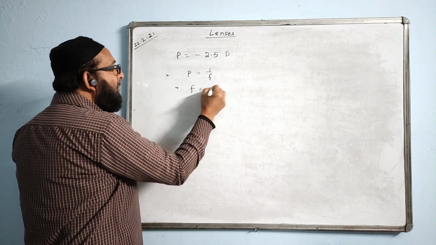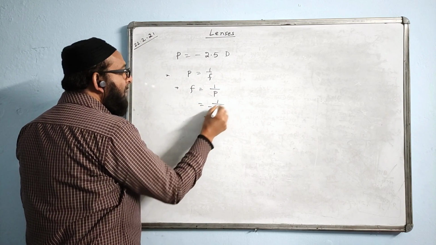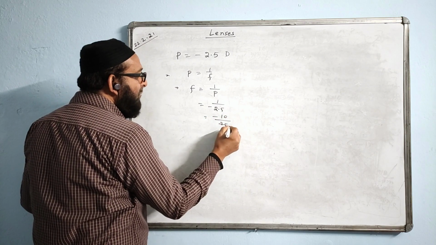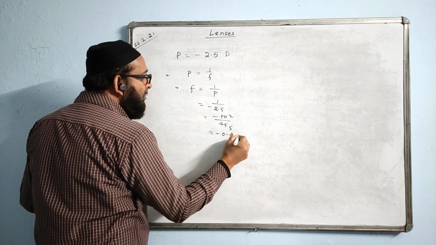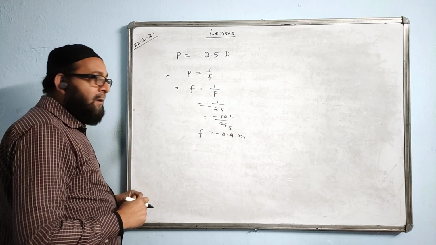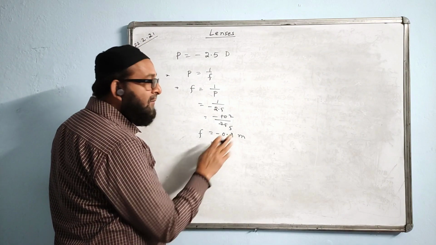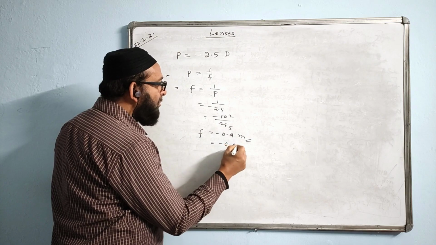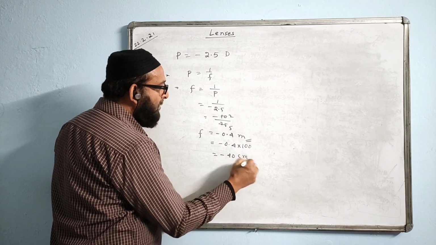Therefore f value will become 1 by P. 1 upon minus 2.5. Point will go, this will become minus 10 by 25. Cancel 5 5 5 2, minus 0.4, and the unit will be meter because focal length SI unit is meter. If the question asks you to give your answer in centimeter, then change it. Otherwise, this answer is fine. Centimeter value will become 0.4 into 100. The answer will be minus 40 centimeter.